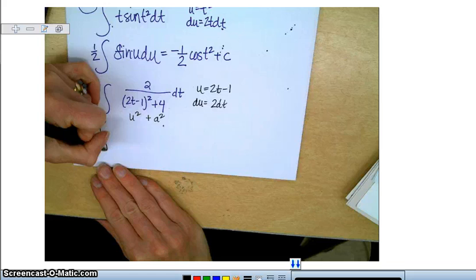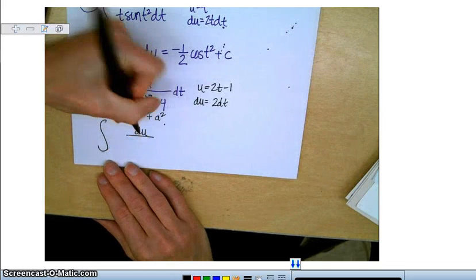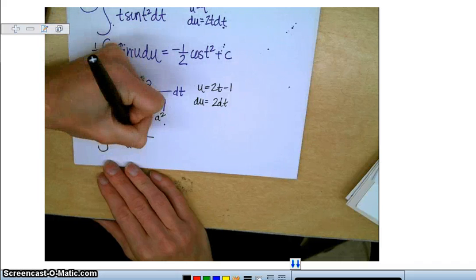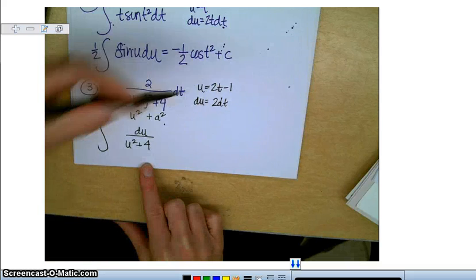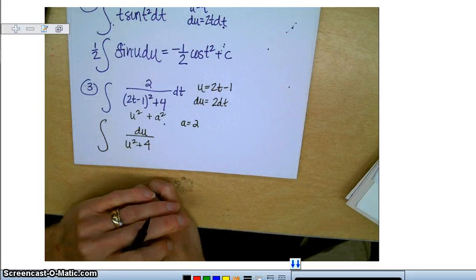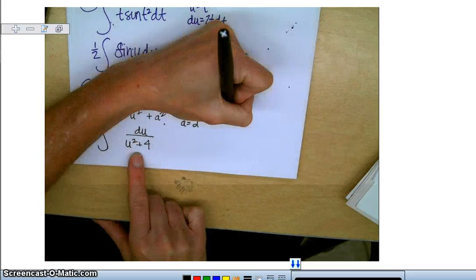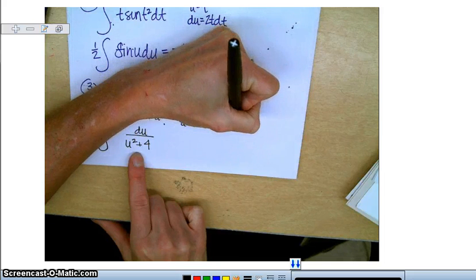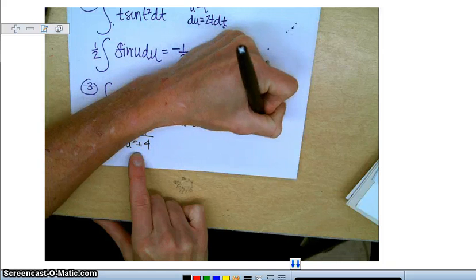So my integral will change into, the top will be du over u squared plus 4. What's our a then? a is 2. It says that the integral is 1 over a arctangent of u over a, plus c.